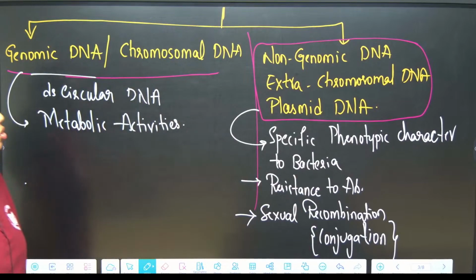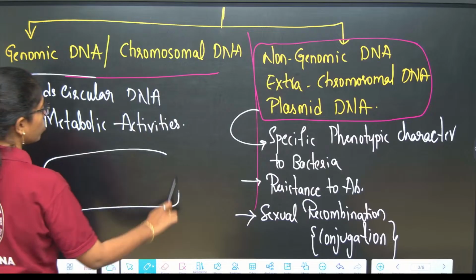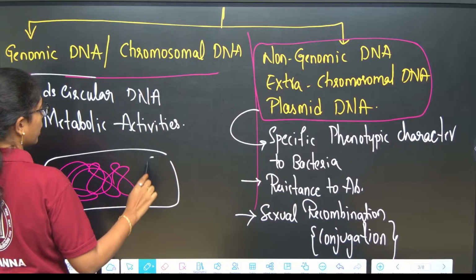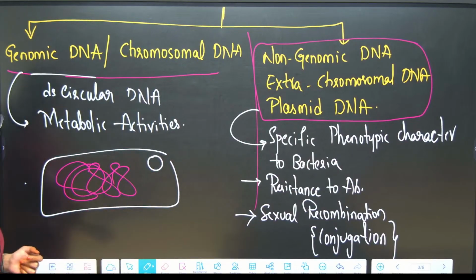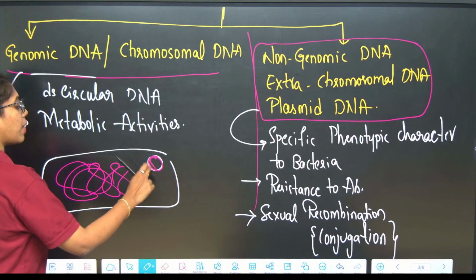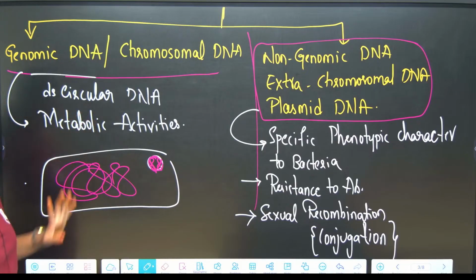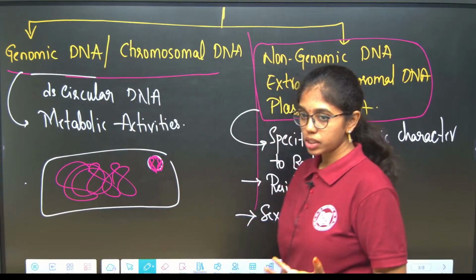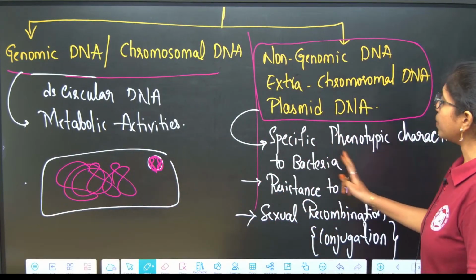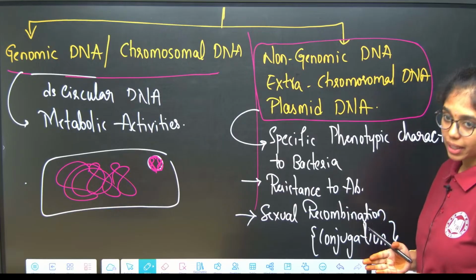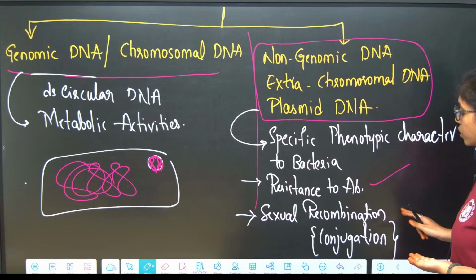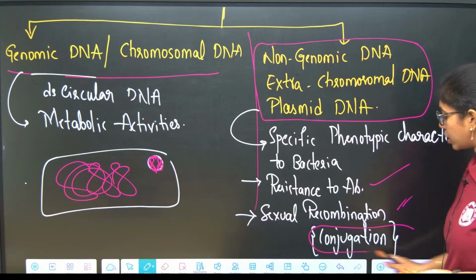So, inside the cytoplasm of a prokaryotic cell, two modes of genetic material are present: genomic DNA and plasmid DNA. Both are double stranded circular DNA. Genomic DNA will look into the metabolic activities inside the cell, whereas plasmid DNA will give specific phenotypic character to the bacteria. It provides resistance to antibiotics and sexual recombination, that is conjugation, is conducted.